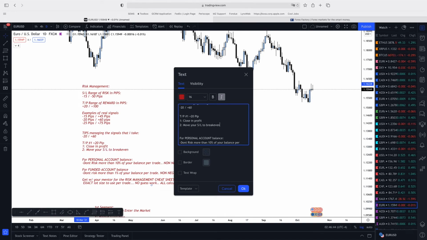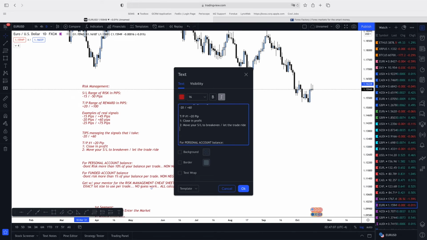I will give you a very clean example as I show you exactly how a trade works, but just write that down for now. Take profit one is at 20 pips. You can either close a trade in profit, or you can move your stop loss to break even in order to let the trade ride, but risk-free, and you're able to hit higher take profits.